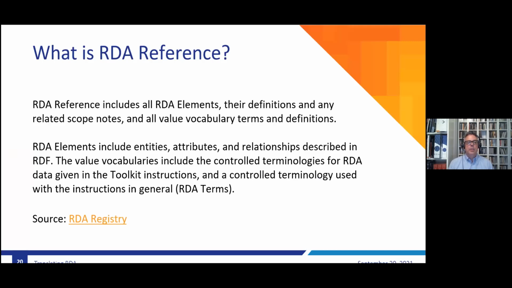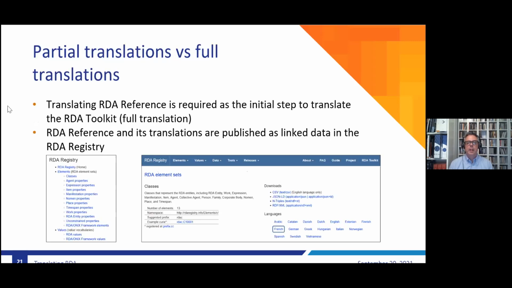RDA elements include entities, attributes, and relationships described in RDF. And the value vocabularies include the controlled terminologies for RDA data given in the toolkit instructions, and also a controlled terminology used with the instructions in general. This is the vocabulary we call RDA terms. So in other words, RDA reference corresponds to the content of the glossary in the toolkit.